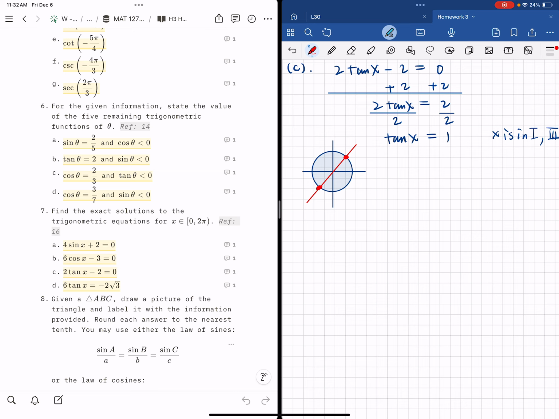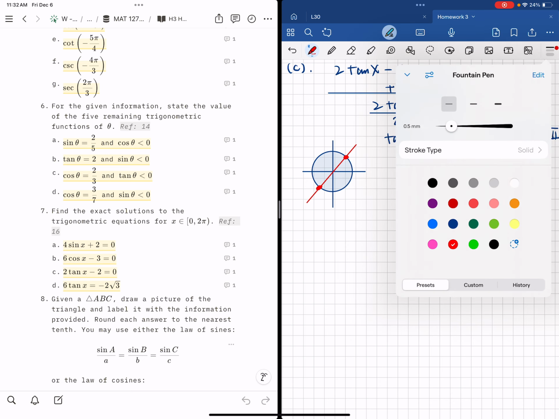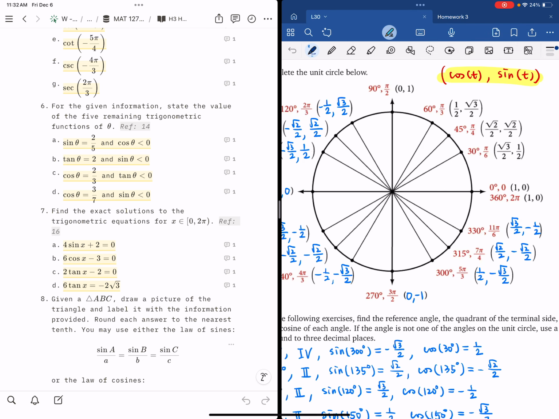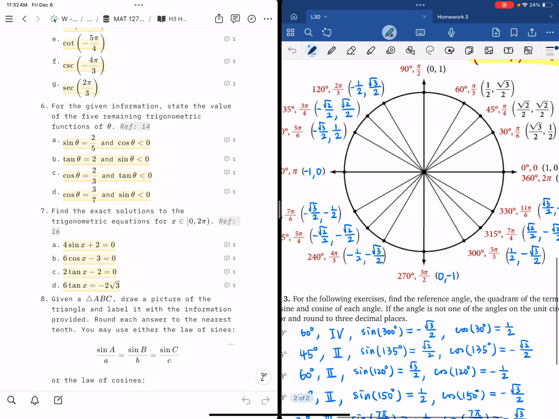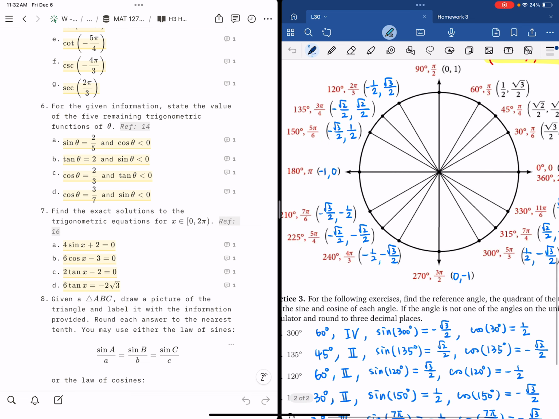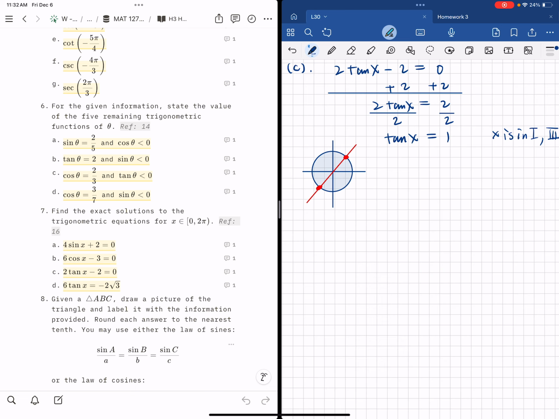These are the two angles. You're basically looking at points on the unit circle that have the same coordinates. And if you go back to the unit circle, it will be 45 degrees and 225 degrees. In radians, pi over 4, 5 pi over 4.